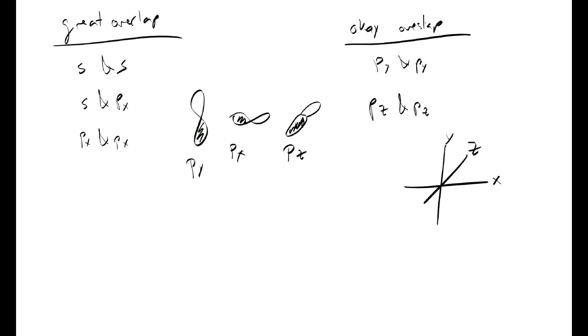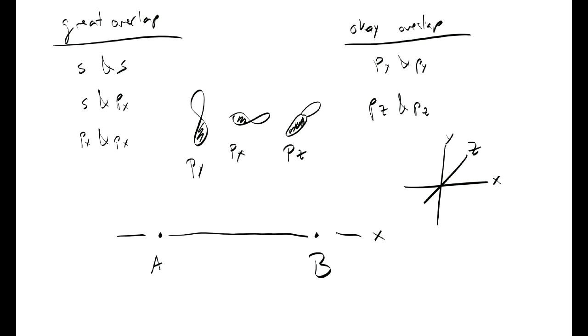Now, why do we get great overlap with some p orbitals, whereas the other p orbitals only give okay overlap? Well, that's just because here we have nucleus A. Here we have nucleus B. We draw a line between them.